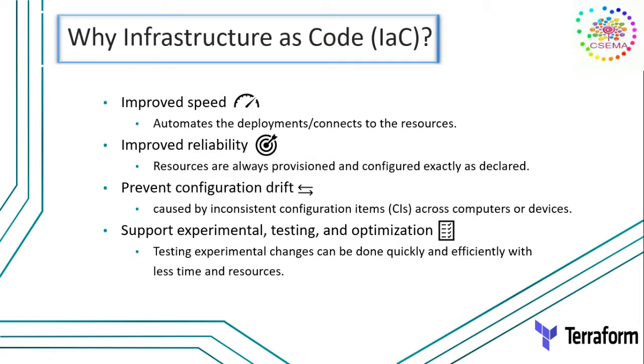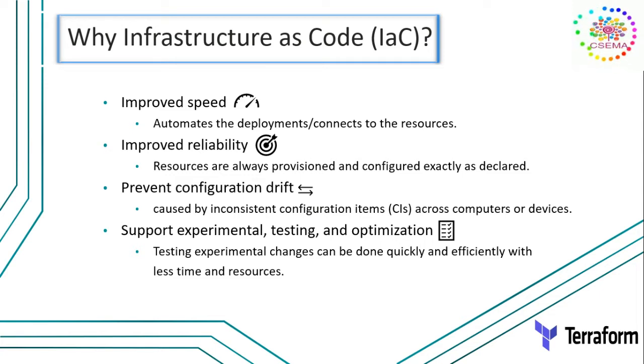At a high level, configuration drift happens when the production or primary hardware or software infrastructure configuration drifts or becomes different in some way from a recovery or secondary configuration, or vice versa. And the last one is support for experimental testing and optimization. IaC allows testing experimental changes to be done quickly and efficiently with less time and fewer resources.